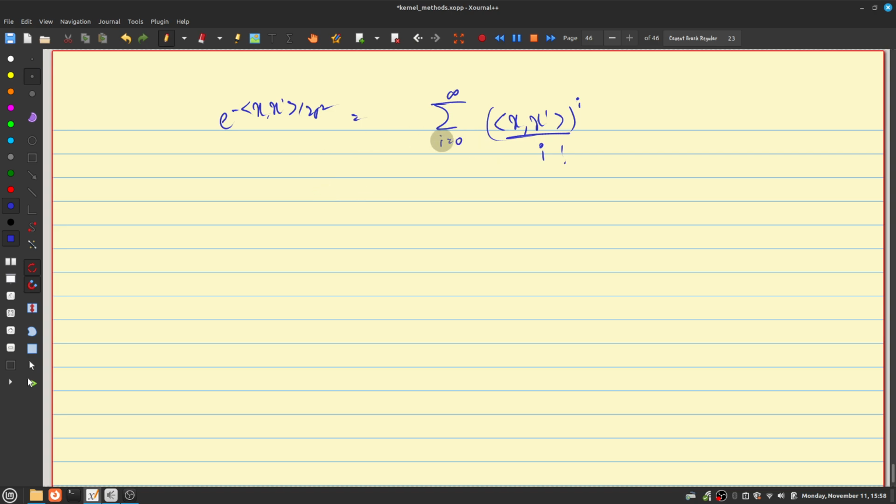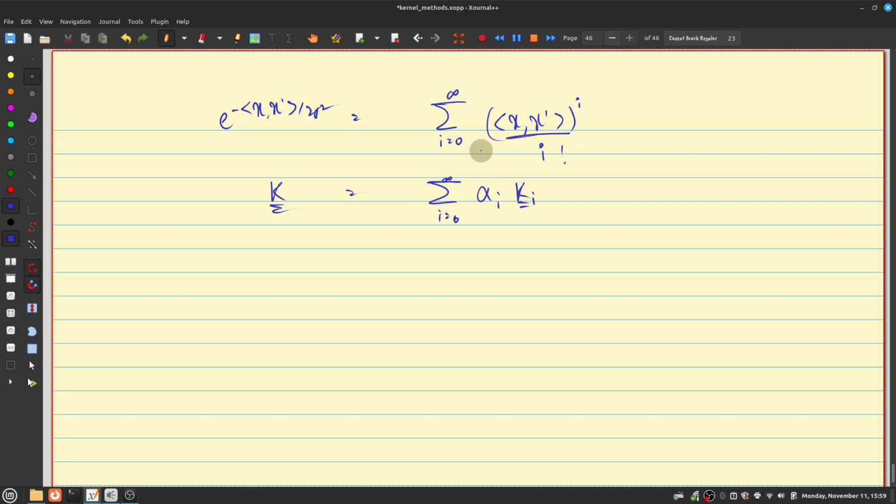And the reason is that the gram matrix corresponding to this kernel is a series of gram matrices. So basically, if I call this K, this is the summation from i equal to 0 to infinity of alpha i K i, where each K i is a PSD matrix. I'm taking some linear combination of infinitely many PSD matrices, and each alpha i is non-negative.